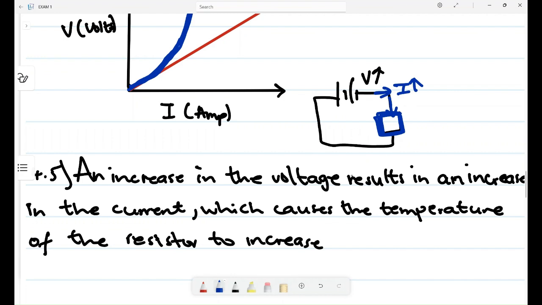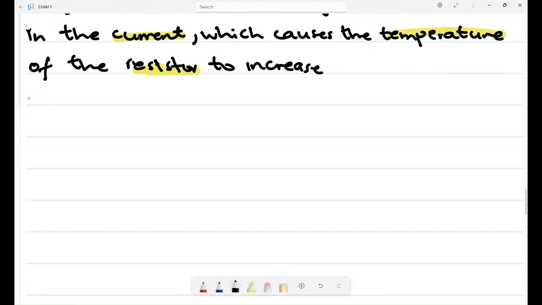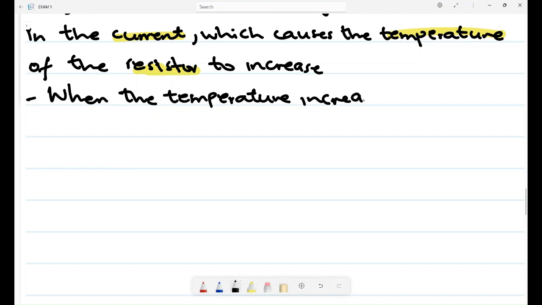So if the temperature of the resistor increases, we started by saying an increase in the voltage results in an increase in the current, right? Which causes the temperature of the resistor to increase, right? Then the next point that I can say is that when the temperature of that resistor increases, what happens now?